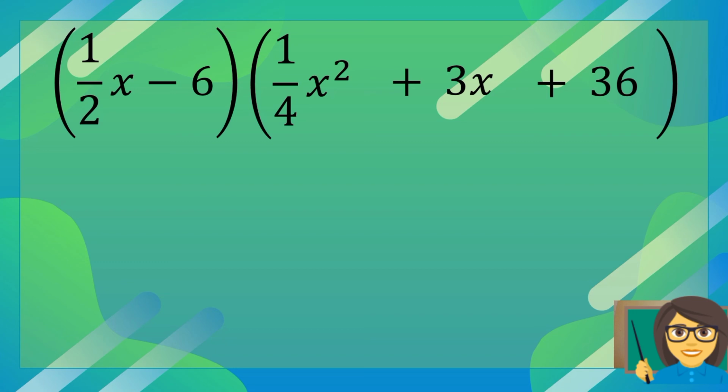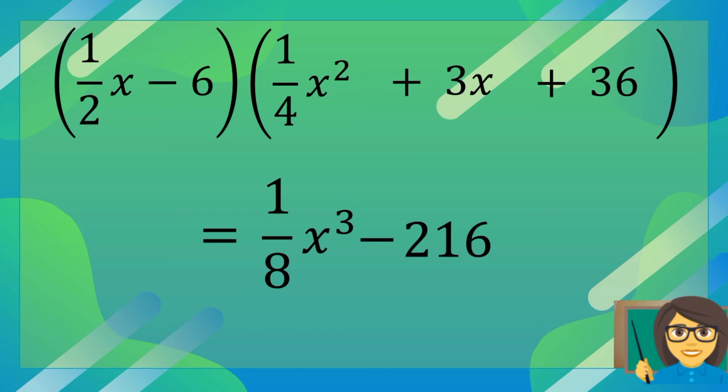The product will be the cube of 1/2 x and the cube of negative 6. The cube of 1/2 x is equal to 1 over 8 x cubed. And the cube of negative 6 is equal to negative 216.